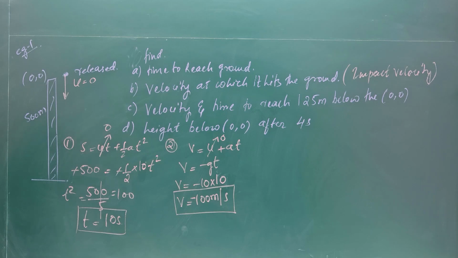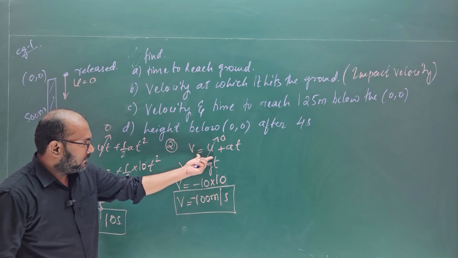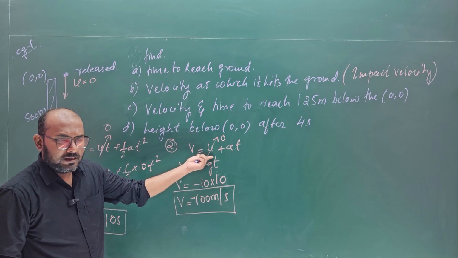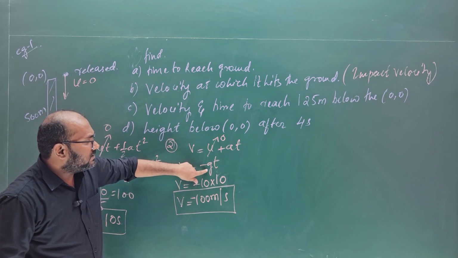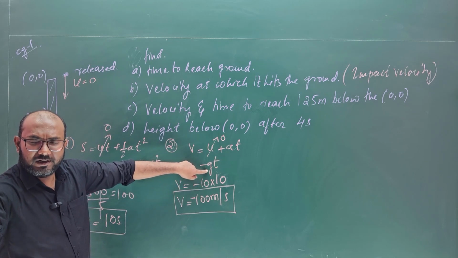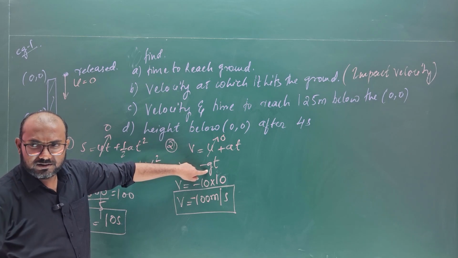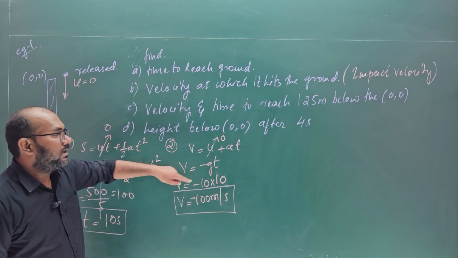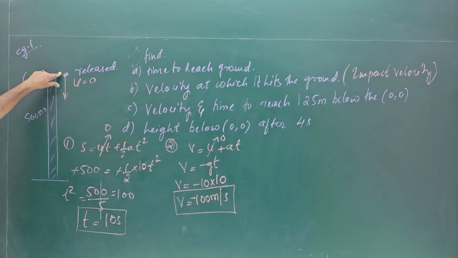Okay, without calculation, can we calculate that value? Think and tell me. Without the formula, can we tell the answer? First thing, this g is always 10, or 9.8, whatever it may be. It is constant. Yes or no? If it has been released from 0, after 1 second, what is the speed? 10.